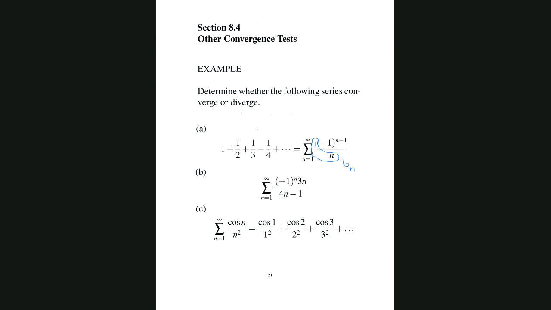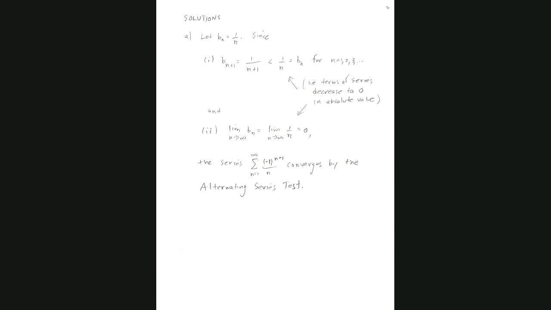That's your b sub n. And b sub n is 1 over n. Well, we notice that the n plus first term would be 1 over n plus 1, but that's less than 1 over n. Okay. So the first condition of the alternating series test is satisfied. The second condition is that the limit of b sub n go to 0, and it does.